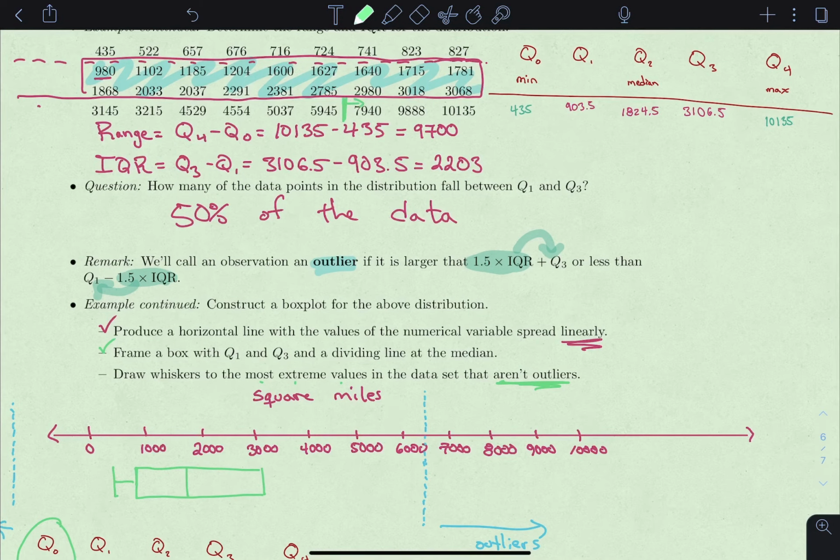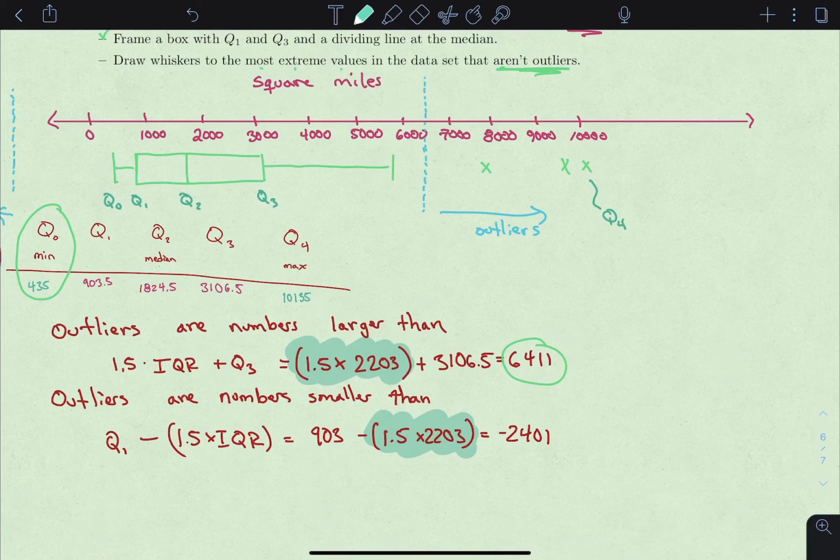So maybe we can do some more labeling. So this was Q0, Q1, Q2, Q3, and this one over here is Q4, but this is the maximum value that is also not an outlier. And the reason why it makes sense to do this is because you don't expect to have too many outliers.